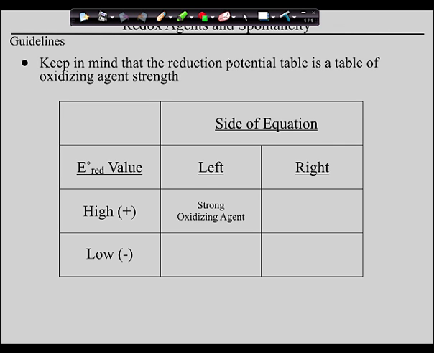Their electronegativity is maximum. So what do fluorine atoms want to do? They want to take in electrons like crazy. And when they do, what do they do to the other guy? They oxidize them. And guys, that's what makes these things really good oxidizing agents: they have relatively high electronegativities.